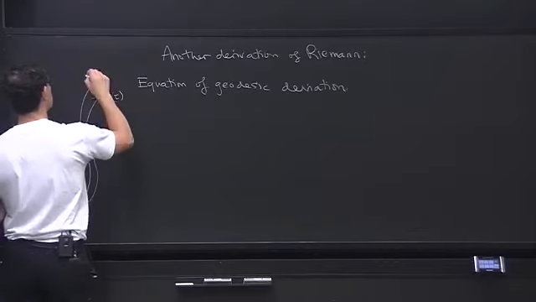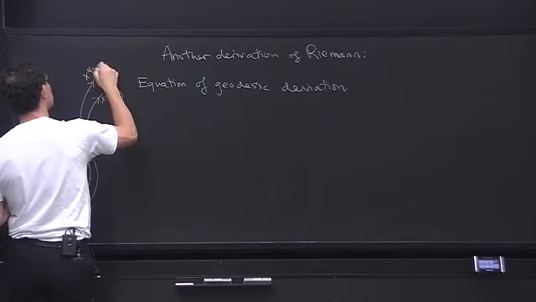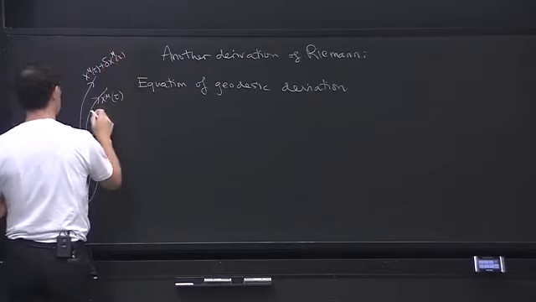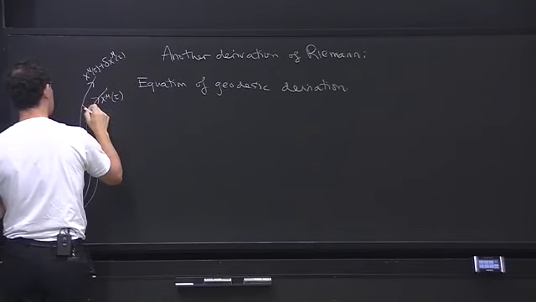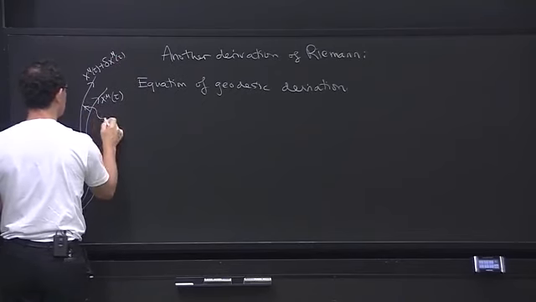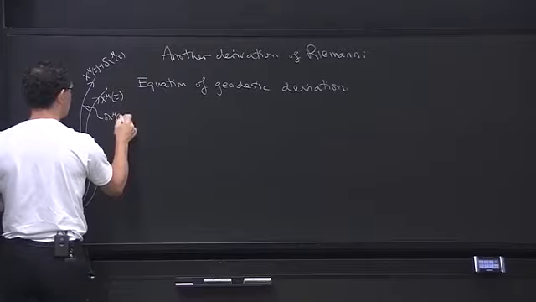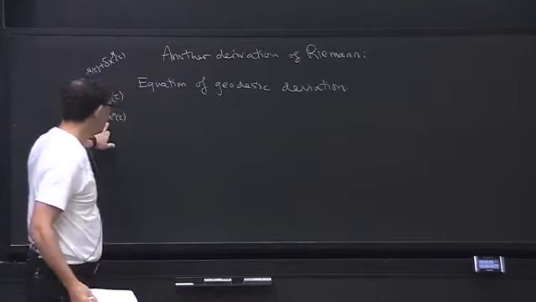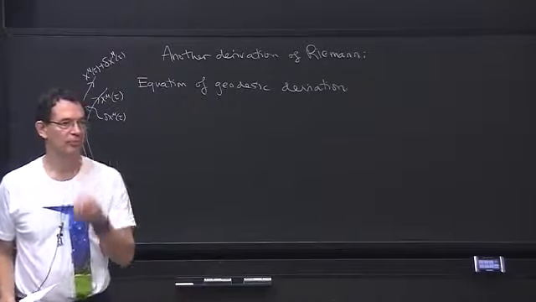Okay, so this geodesic will be x mu of tau plus delta x mu of tau. And at any fixed tau, the difference between the two is delta x mu. Okay, so that is the geodesic deviation.